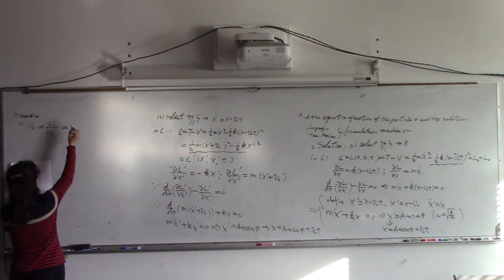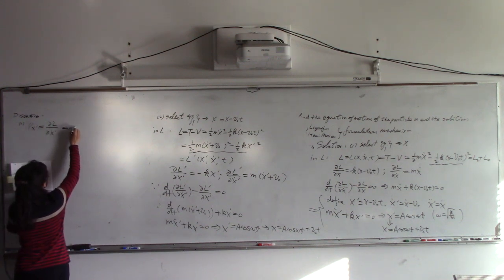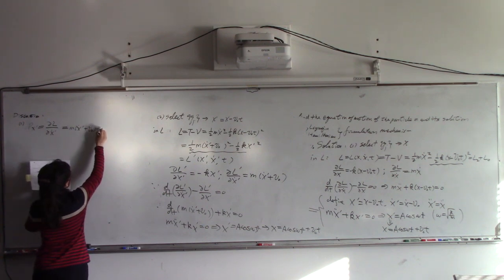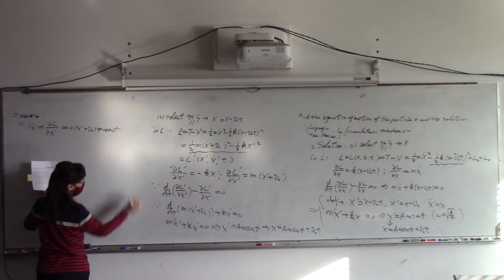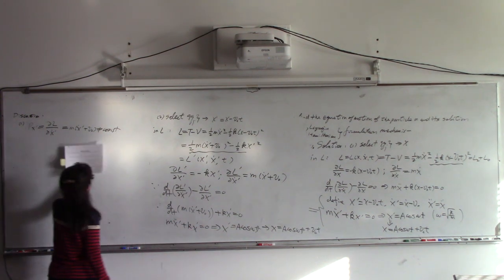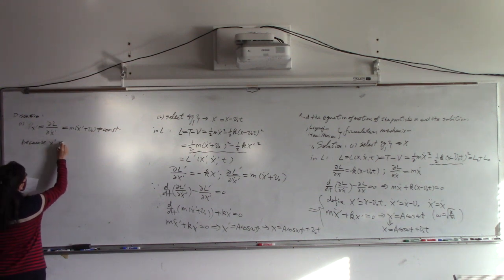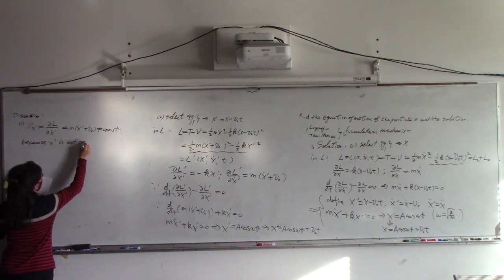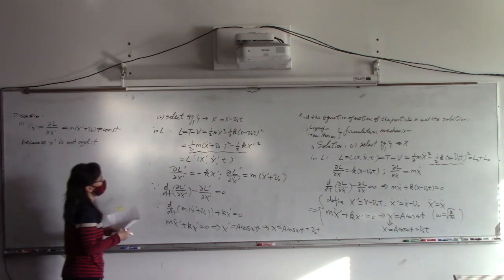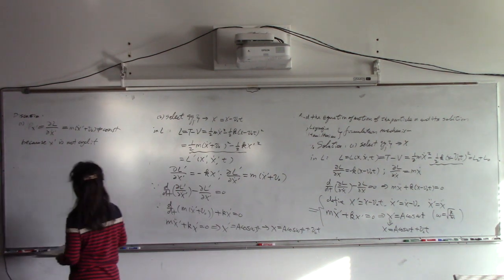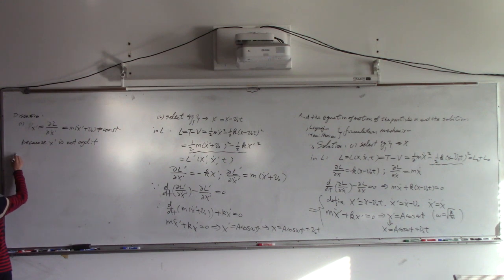That is equal to m x prime dot plus v naught, which is not constant, since we know x is dependent on time, and x dot is also dependent on time. That is because x prime is not separate, right? As we can see, x prime from here is not separate. So again, we have this conclusion.